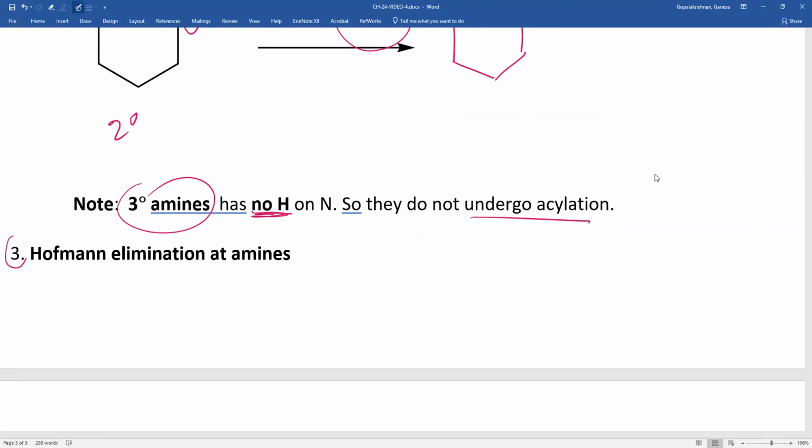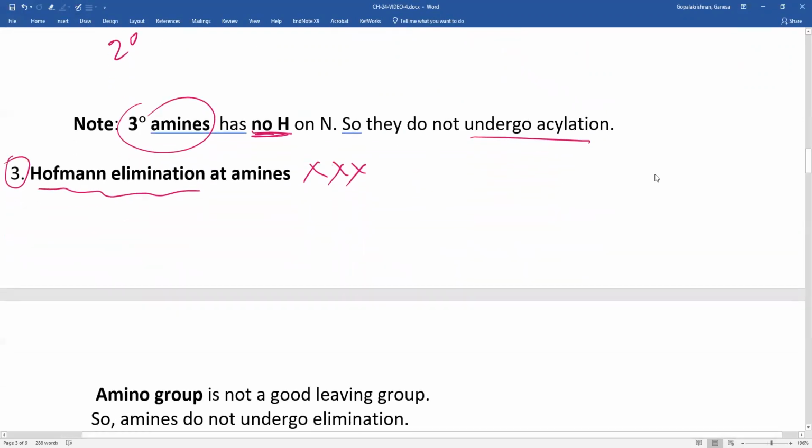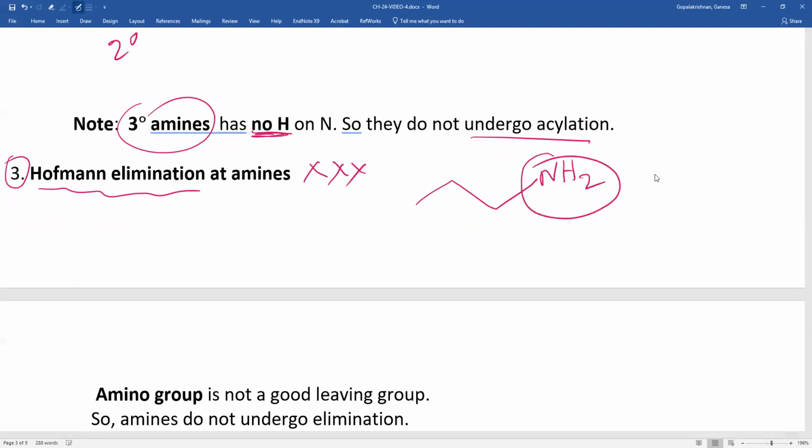There is another important reaction we are going to see. I put 3 stars there. It is called the Hofmann elimination. This occurs with primary, secondary, and tertiary amines. What is this reaction? If you look at any amine, primary or secondary or tertiary, this is not a leaving group.